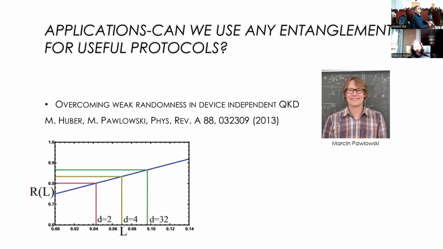And it reminded me at once of Marcin Pawlowski, who's a professor in Gdansk now. In 2013, we'd thought about some device-independent QKD, and we were able to prove that high-dimensional entanglement basically manages to close one of the possible loopholes.